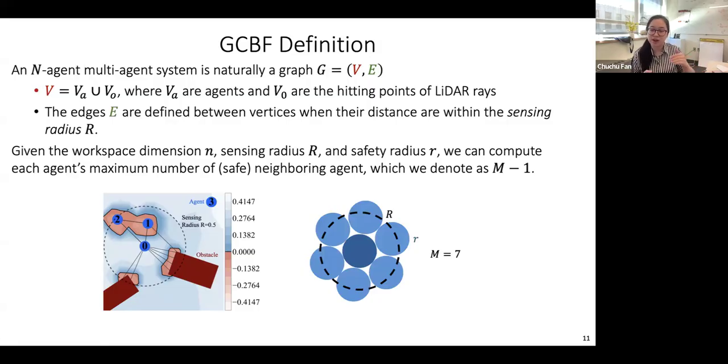This basically defines the largest input vector that I can take, because if there are more than that, some of the agents must be unsafe, or physically they just cannot squeeze into the space. In my toy example here, I can have at most 6 neighbors, including myself. That's 7. So 7 is the number of agents that I care about, and 7 multiplied by the dimension of each agent is the entire vector for each node that I care about.